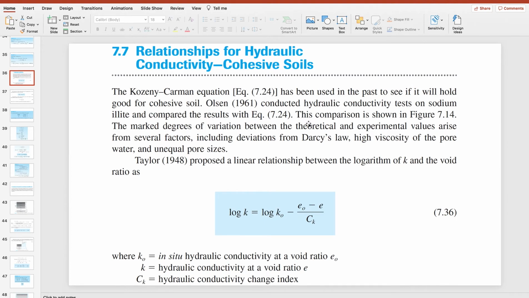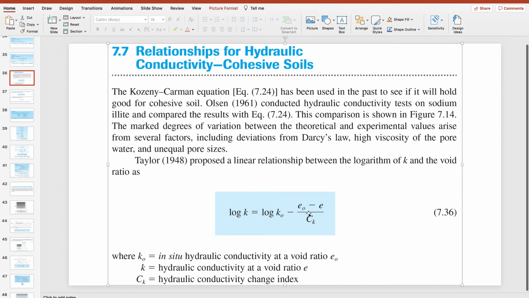This comparison is shown in figure 7.14. The marked degrees of variation between theoretical and experimental values arise from several factors, including the deviation from Darcy's law, high viscosity of pore water, and unequal pore size.